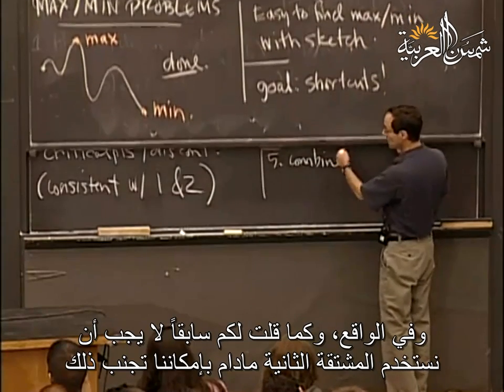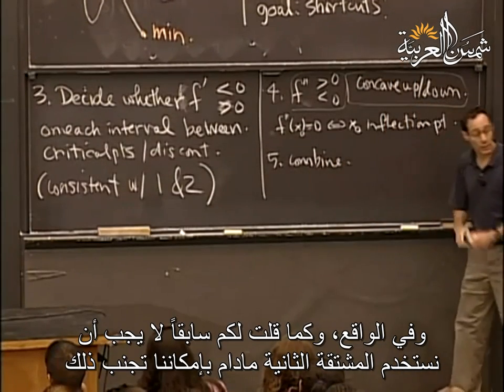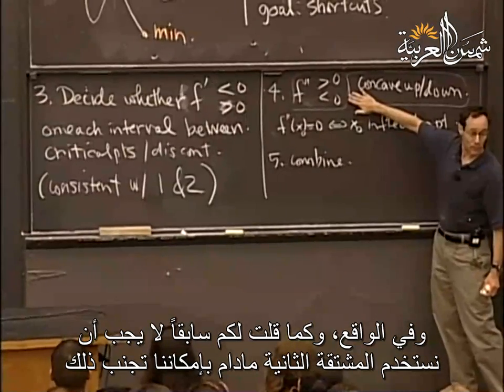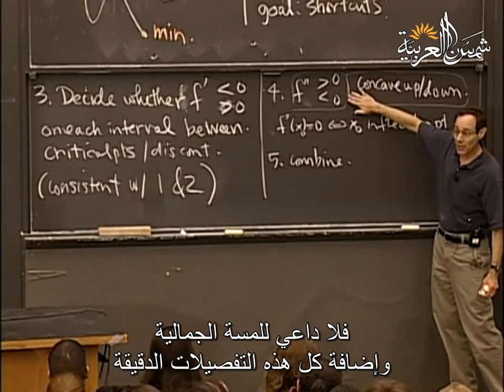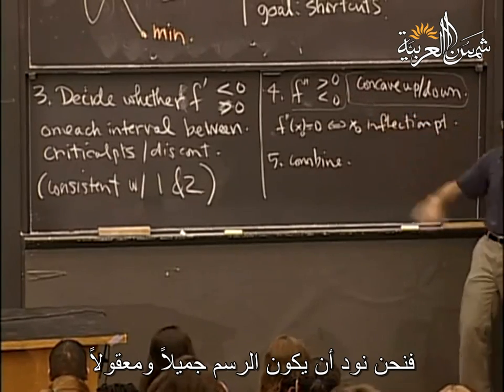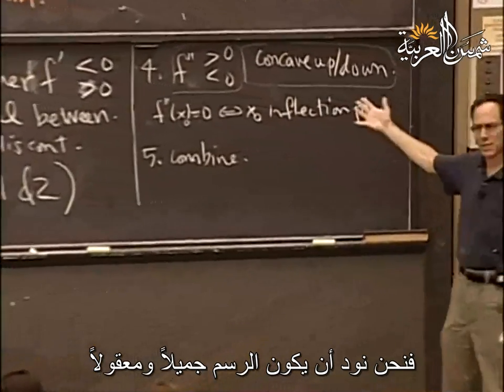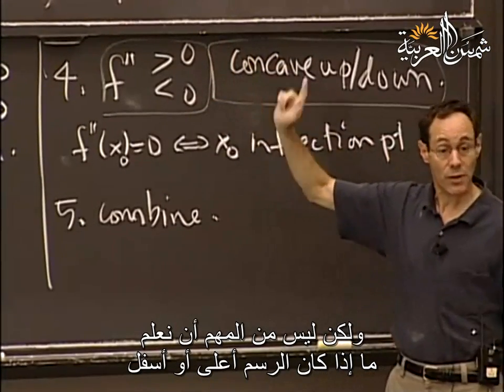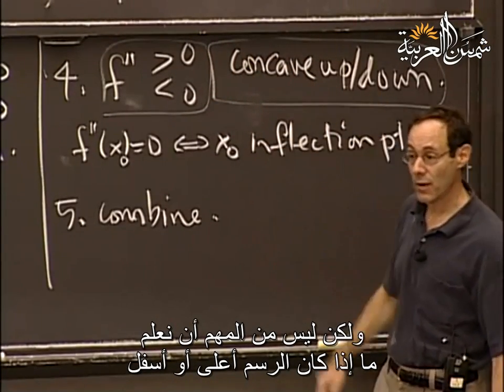And indeed, as I said earlier, we certainly never want to use the second derivative if we can avoid it. And we don't want to decorate the graph and do all of these elaborate, subtle things which make the graph look nicer and really are aesthetically appropriate, but are totally unnecessary to see whether the graph is up or down.